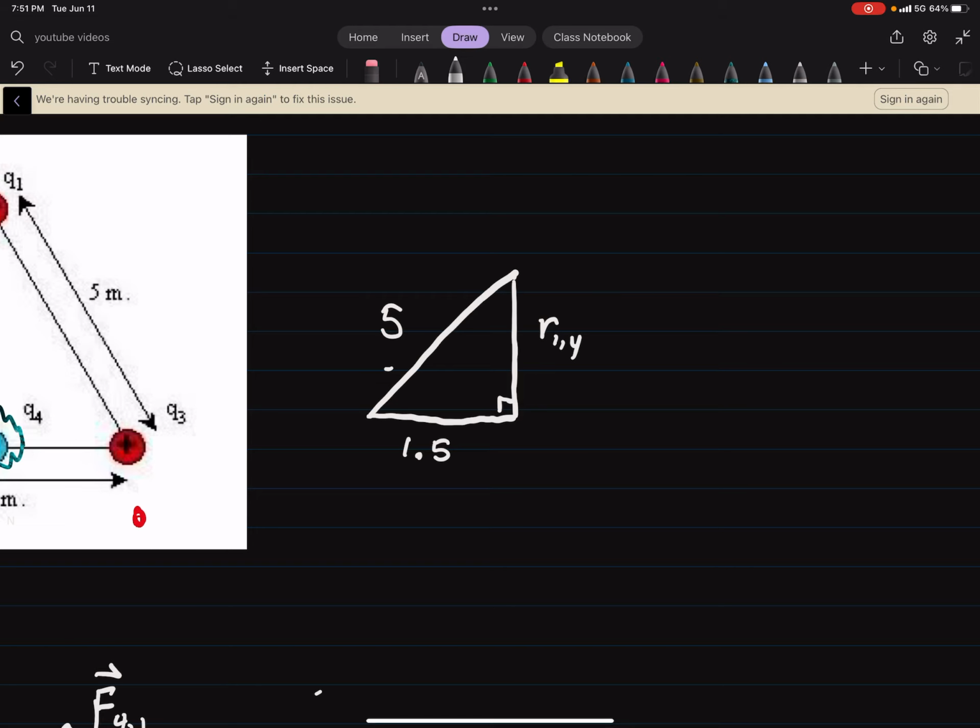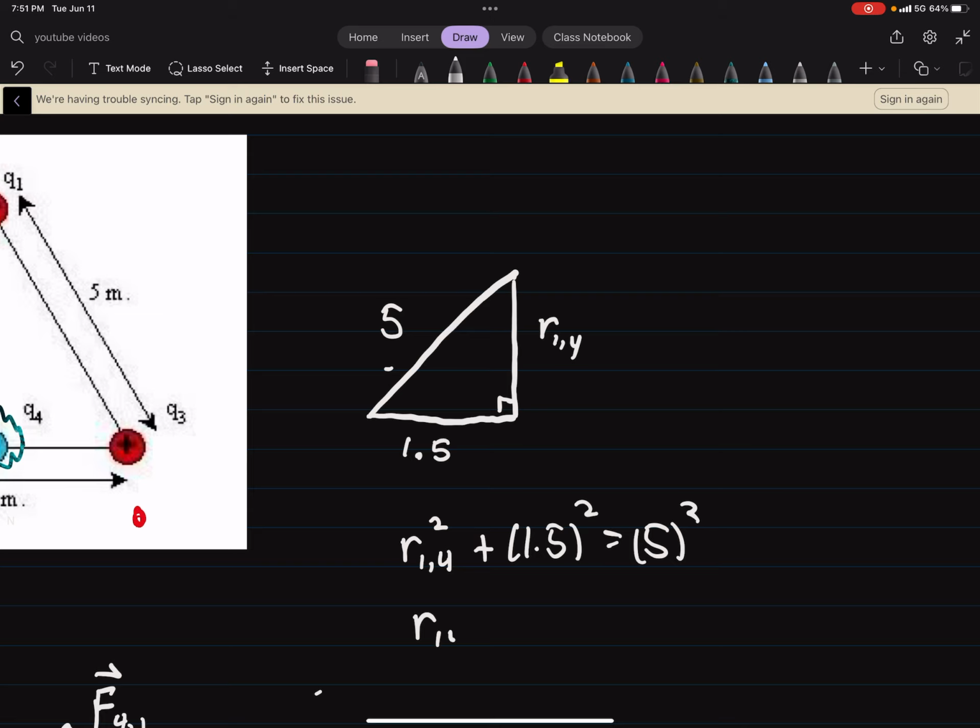So then our distance squared plus 1.5 squared equals 5 squared. 1.5 squared is 2.25.